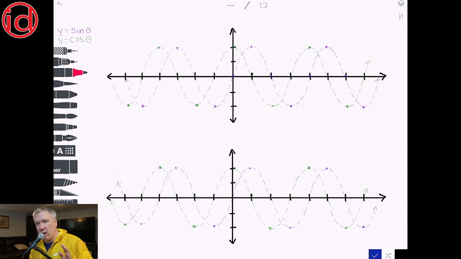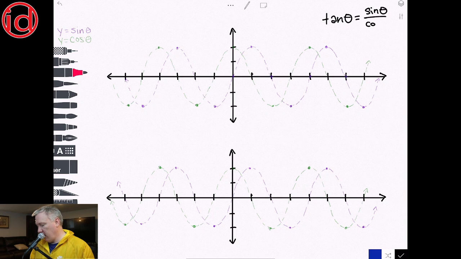But I'm going to give you two trig identities right now that you're going to need to have in your back pocket. First of all, we have this trig identity that the tangent of theta is equal to the sine of theta divided by the cosine of theta. You can see this in the unit circle because tangent is the y-coordinate divided by the x-coordinate, and sine is the y-coordinate, and cosine is the x-coordinate.